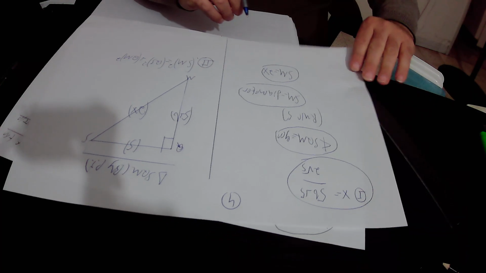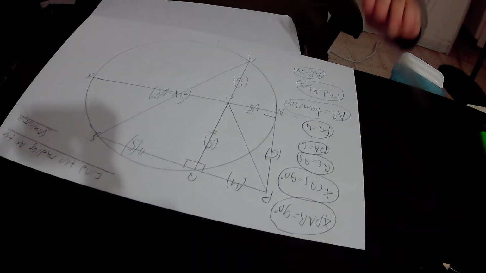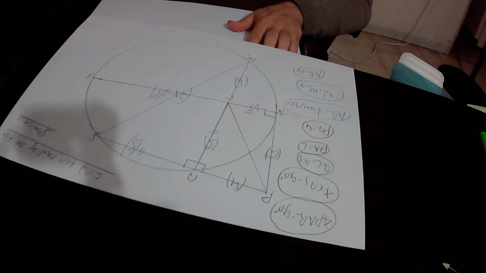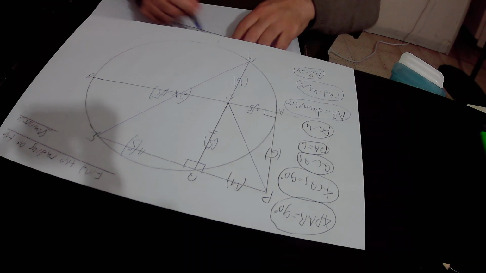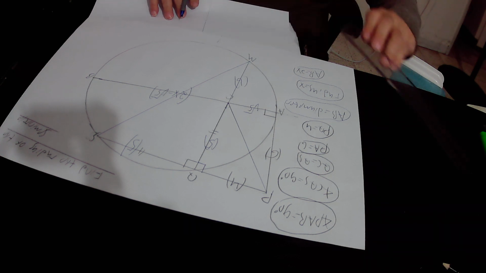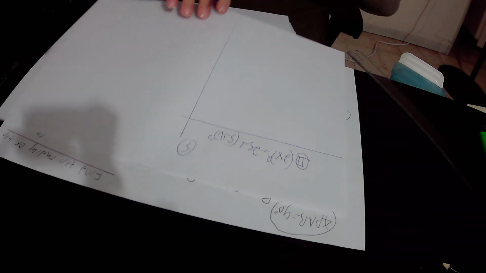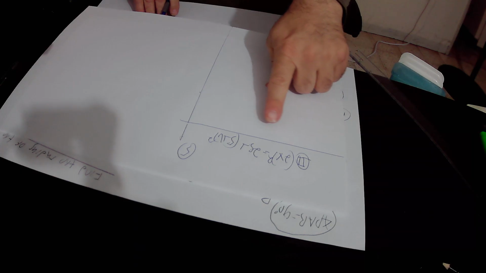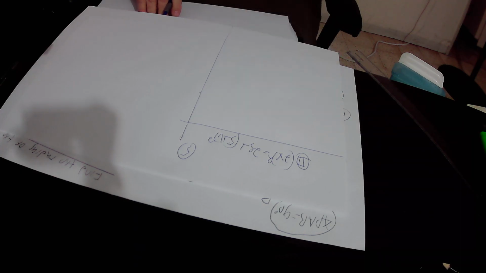In conclusion, we found that according to equation number 2, (2x) squared equals 25 plus (5 plus b) squared.